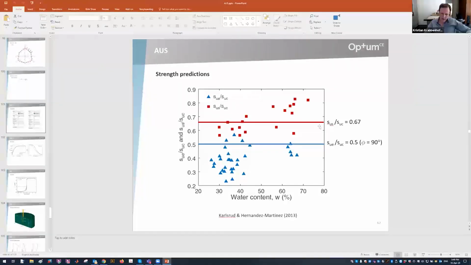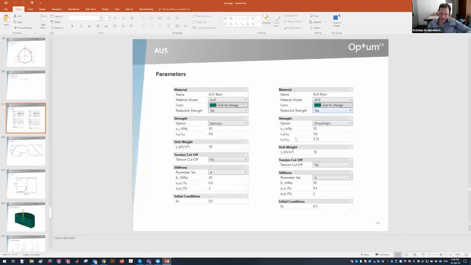So this one here, where you have the three strengths: compression, extension, and simple shear. So that's what I can say to that. I hope that makes sense.